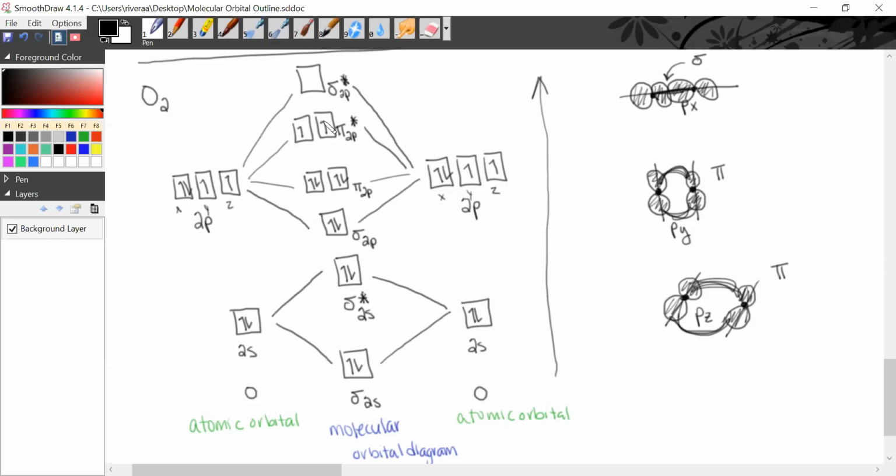Okay, so we just learned a couple of things. We learned about its magnetism. We can also calculate bond order. Let's calculate bond order first. So we count up all of the electrons that are in bonding orbitals. 1, 2 here, 3, 4, 5, 6, 7, 8.